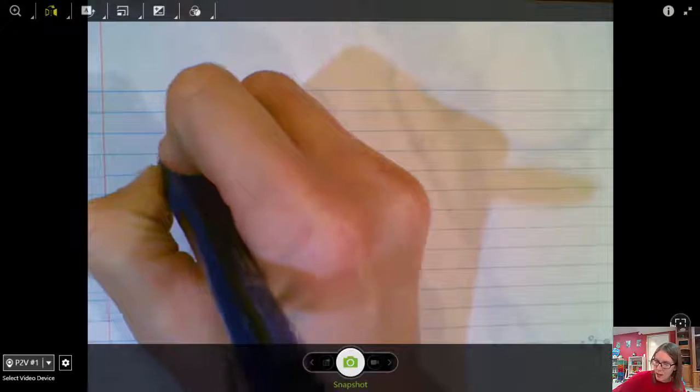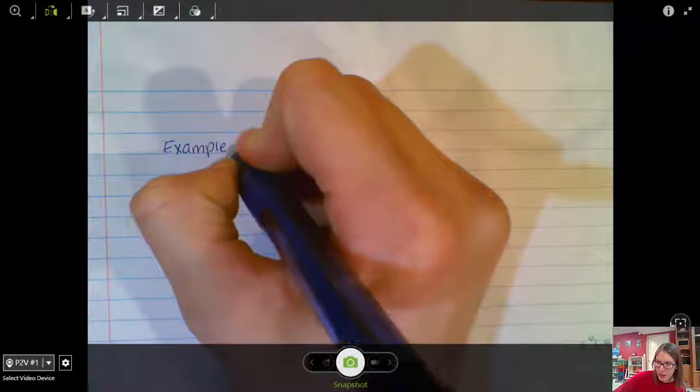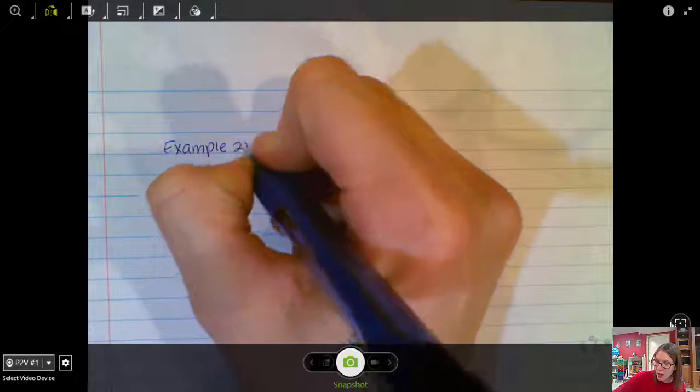Okay, I'm going to do one last example of the binomial theorem, and this one is not quite as complicated as example 2 that we just did, but a little bit more complicated than the very first one.